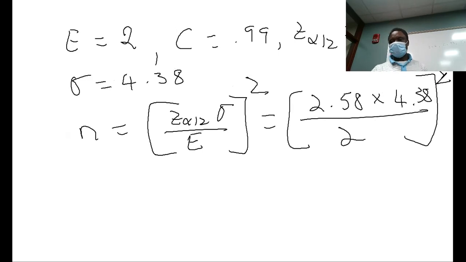Can you use your calculator to find this? You do 2.58 times 4.38 divided by 2, and then you square it. Don't forget to square it.